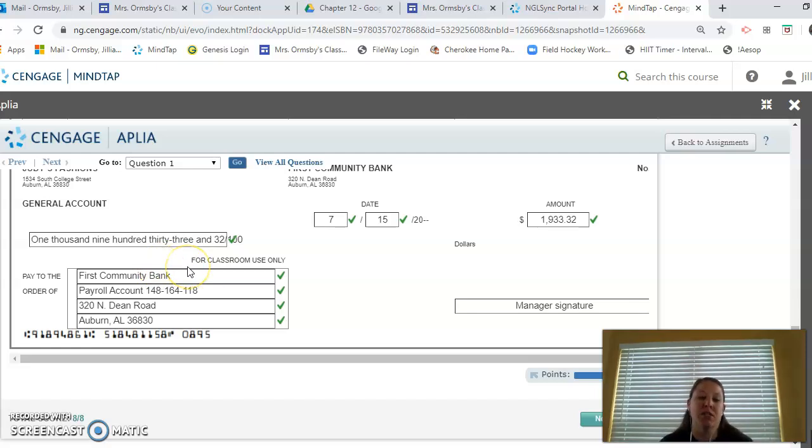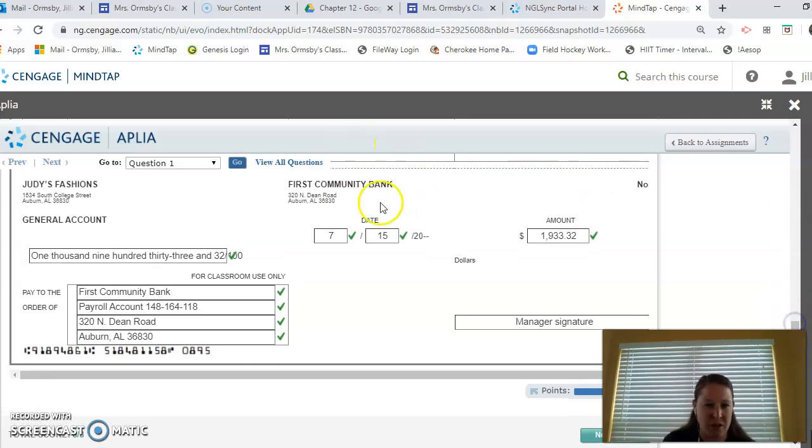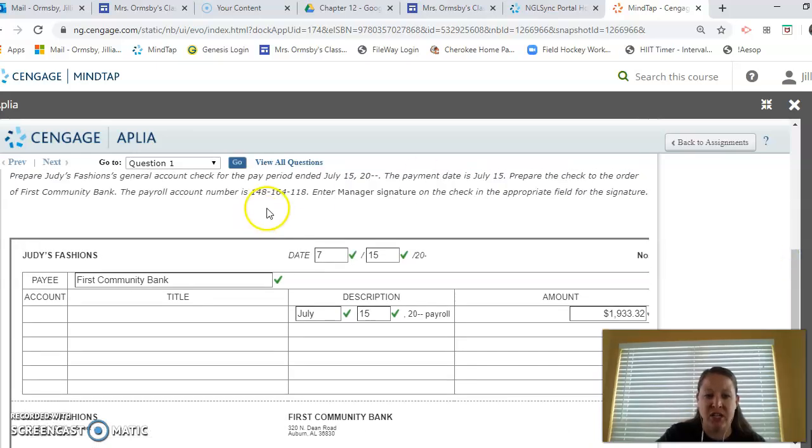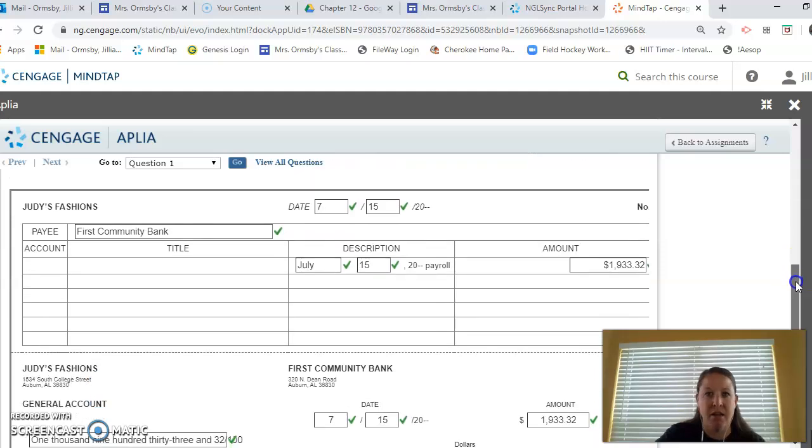The next part where it says pay to the order of, you're paying to First Community Bank, and this information is right here on the check, so you can copy it. And then the second line, and it's important to get the lines correct, it's payroll account and then the number of the payroll account. That again is in the directions.